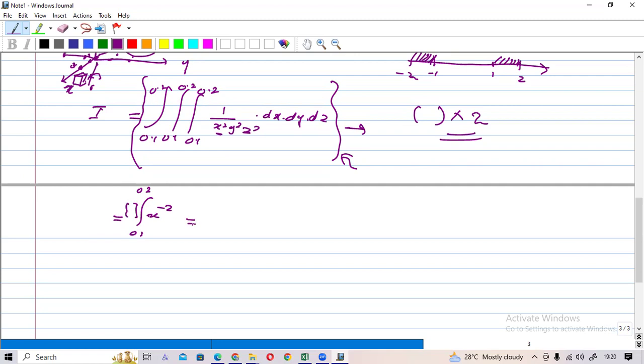What is the answer for this one? x to the power minus 1 divided by minus 1, from 0.1 to 0.2. So you will have minus 1 over 0.2 minus minus 1 over 0.1. So you can get this value.